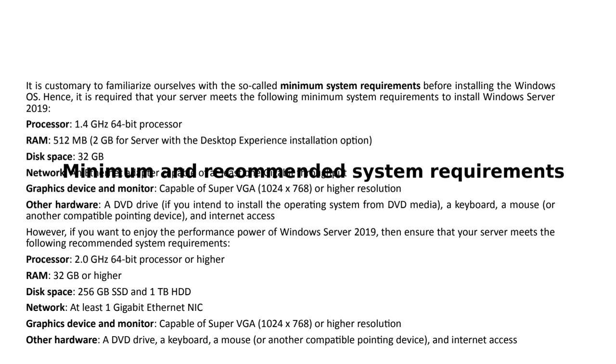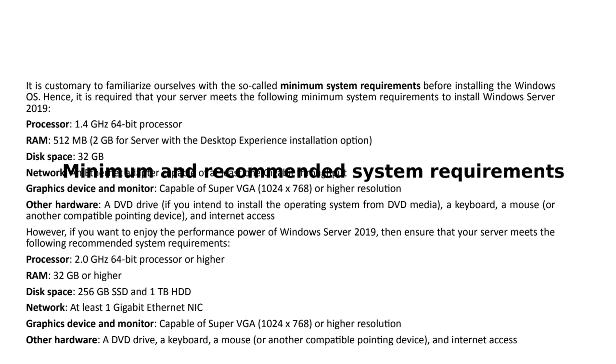But we have the recommended. If you look at the recommended, they are much higher, much better. The recommended, you should know both. The processor should be 2 gigahertz. Sorry, the RAM is 32 gigabytes. The disk space is 256 gigabytes or more, or a 1 terabyte hard disk if it is HDD.